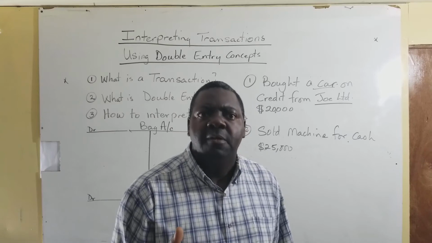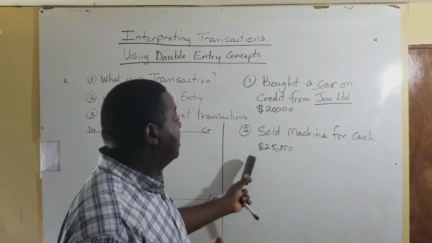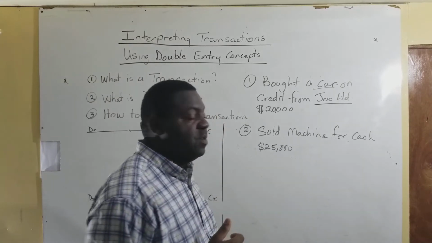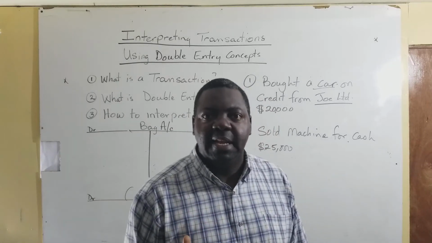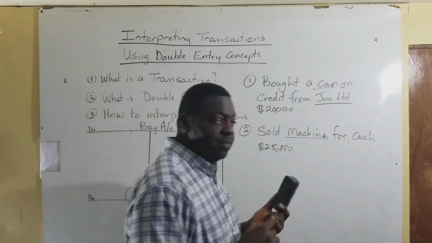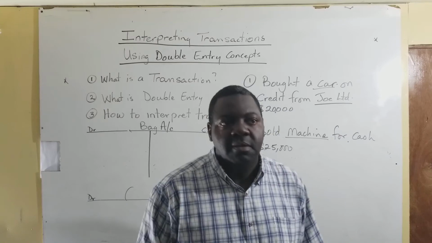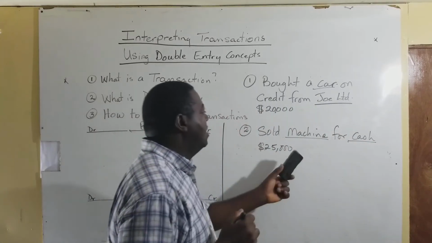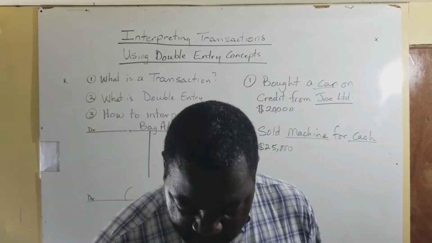Ask ourselves at least two questions. Let's go. This transaction said we sold machine for cash for $25,000. The question that you'll ask now is, what are we selling? We're selling machine. And what are we receiving? We're receiving cash. So the two accounts will be machine and cash.